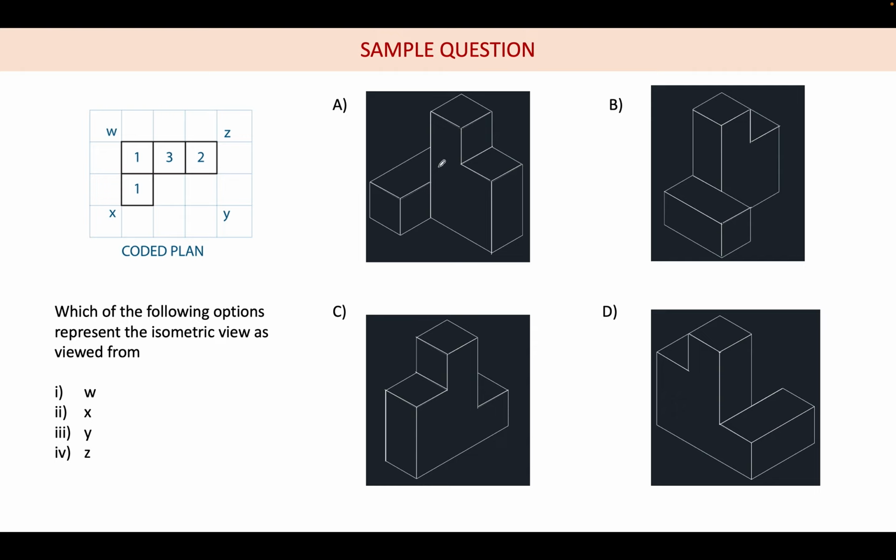First I am having, yes, A is Y. So B, I have 1 here, 1 here, 3 here, 1 here.